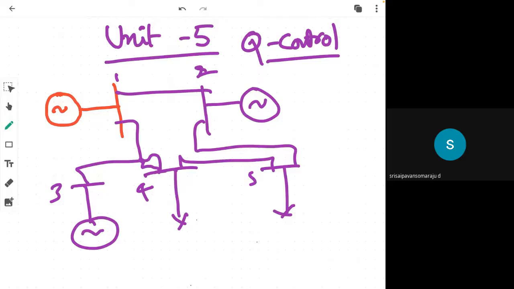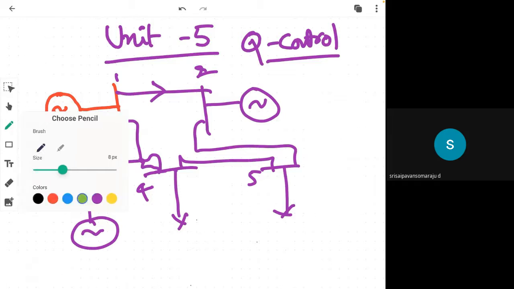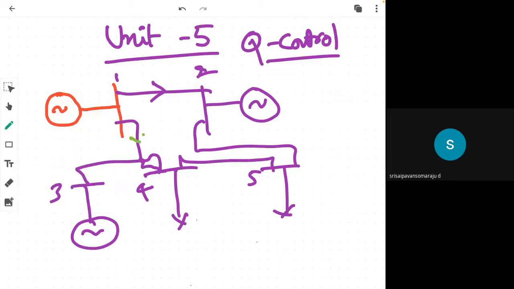Generators will flow through the transmission lines, all the lines. So like this, the current is flowing.